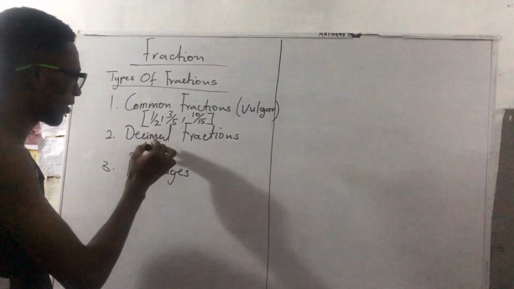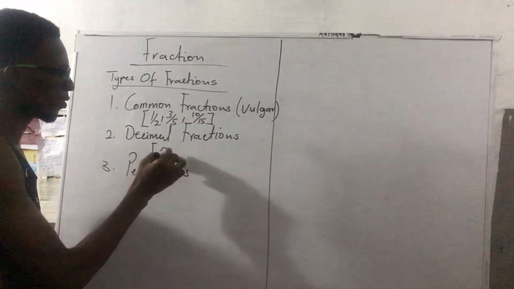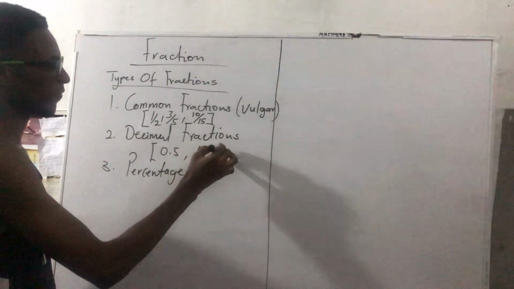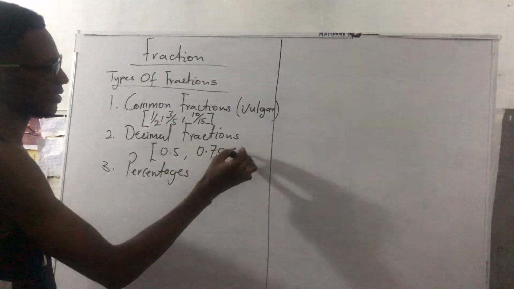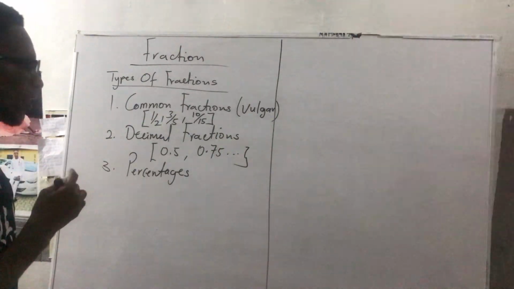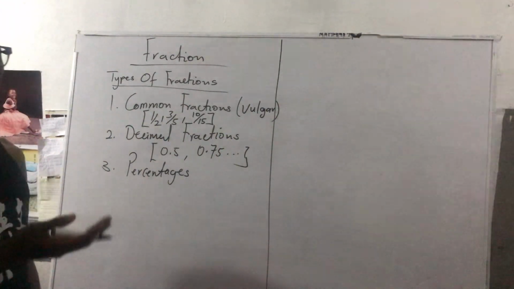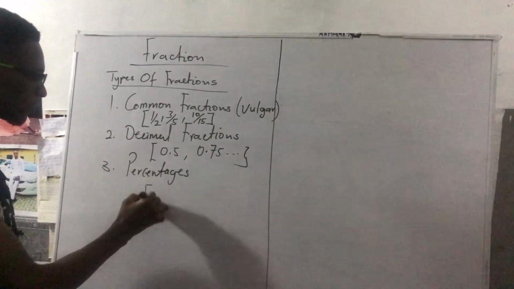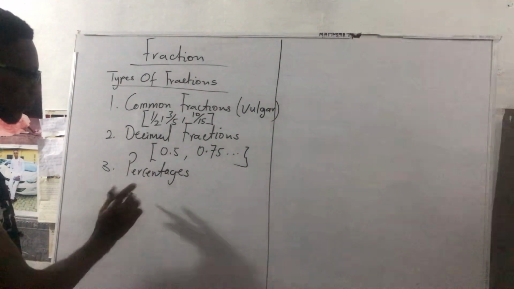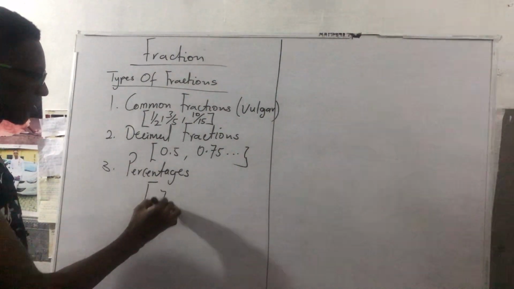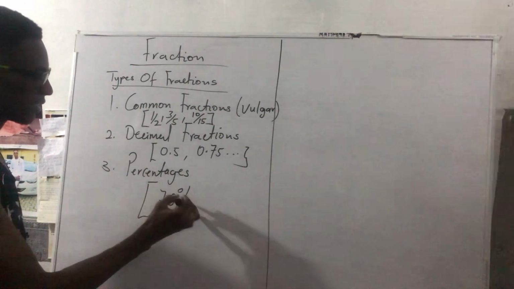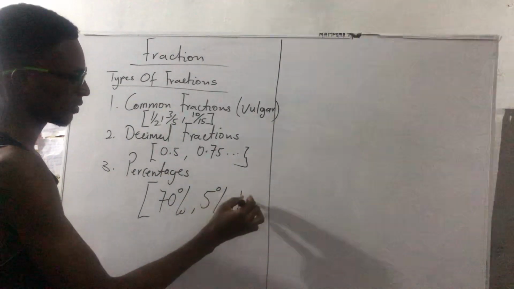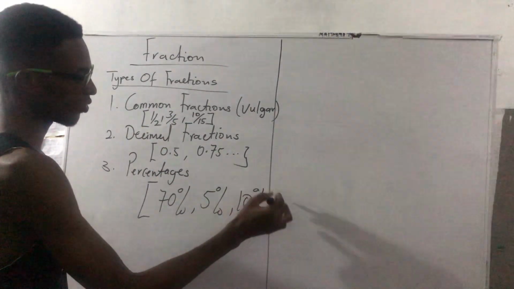They always look like this: 0.5, 0.75, and in that order. Now the percentages as a type of fraction, how do they look? It's always of the form 70%, 5%, and 10%, and it continues.